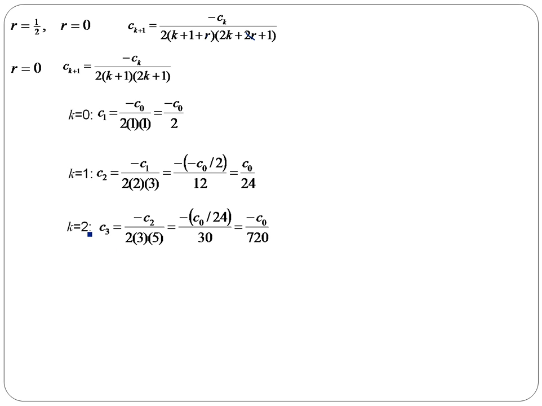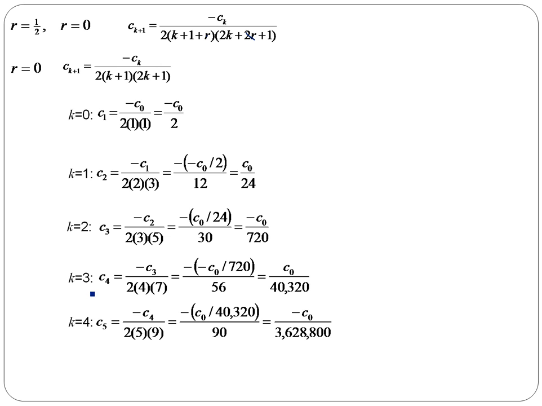Let k equal 2, so that eventually, simplifying and plugging values in, you get negative c0 over 720. k equals 3. You end up with c0 over 40,320. And k equals 4. You end up with negative c0 over 3,628,800.